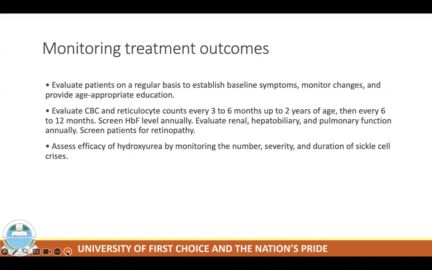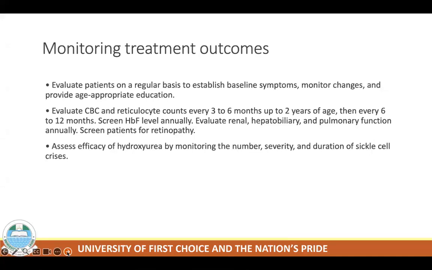In Nigeria, we also provide prophylaxis for malaria because that's one of the biggest diseases that brings an onset of vaso-occlusive crisis. So you need to provide prophylaxis for malaria regularly, right?